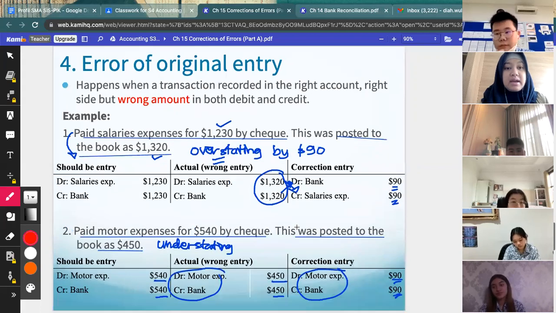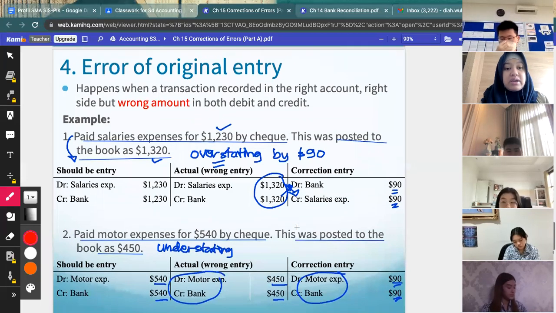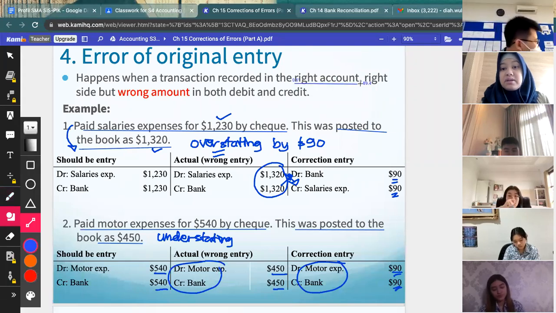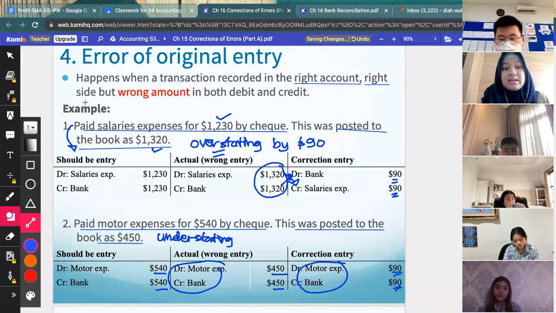Next, error of original entry. Original entry can be divided into two. Pay attention, everyone. Error of original entry happens when a transaction is recorded in the right account. The account is already correct. On the right side, the debit and the credit entry is already correct, but the wrong amount is entered in both debit and credit.